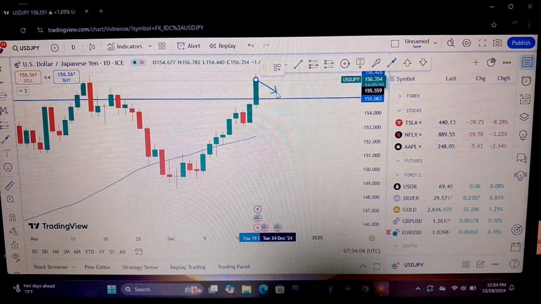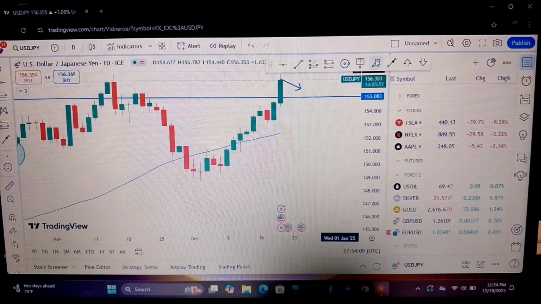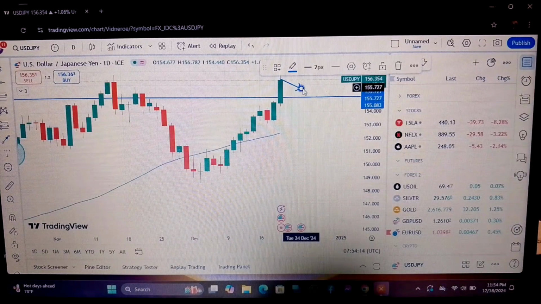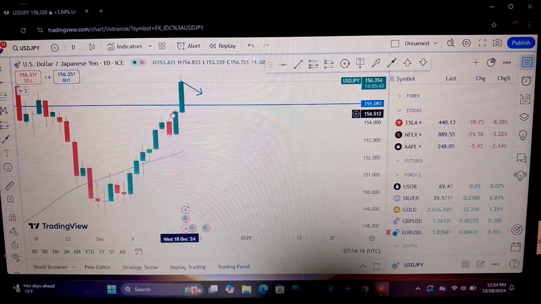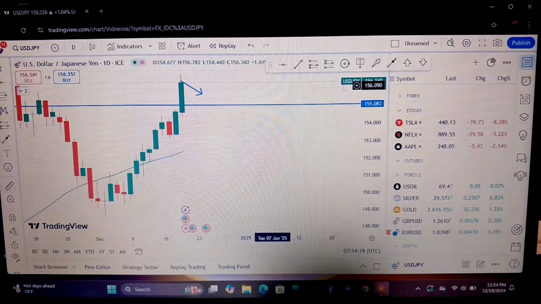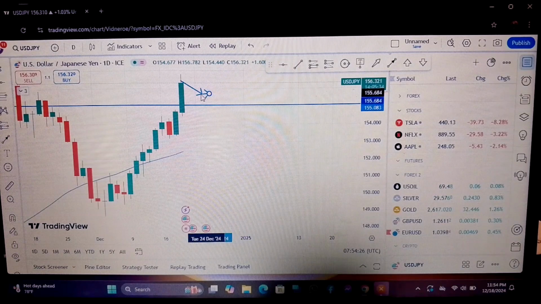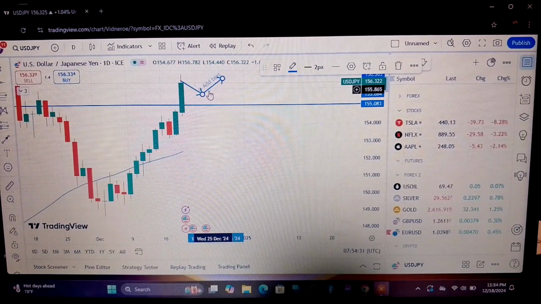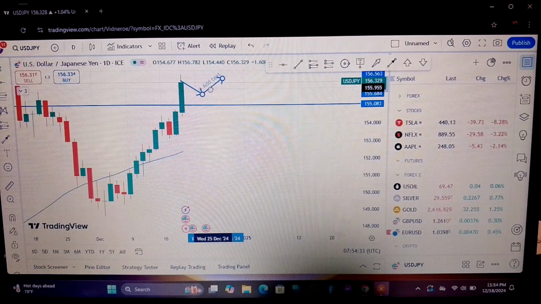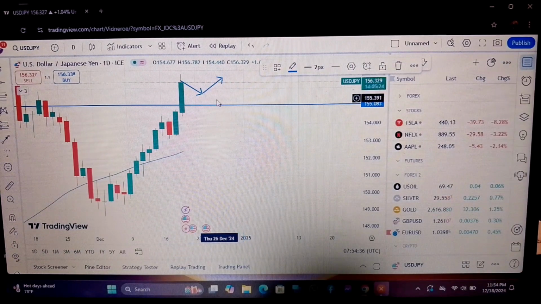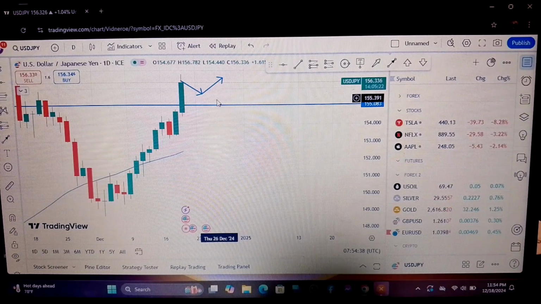You can get a retracement around this particular point. So something like this is most likely to happen.